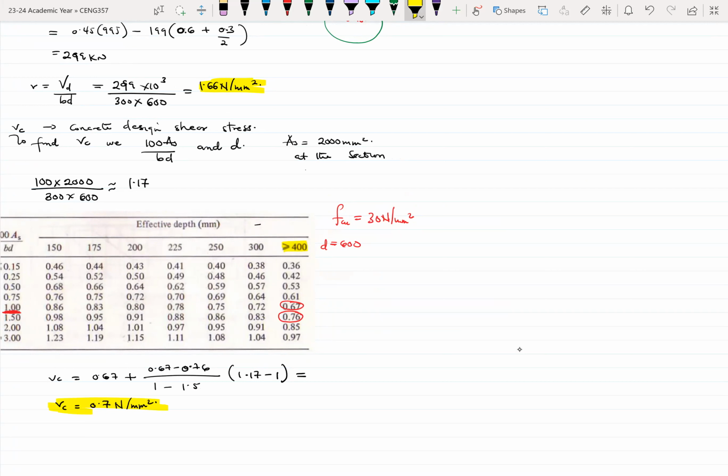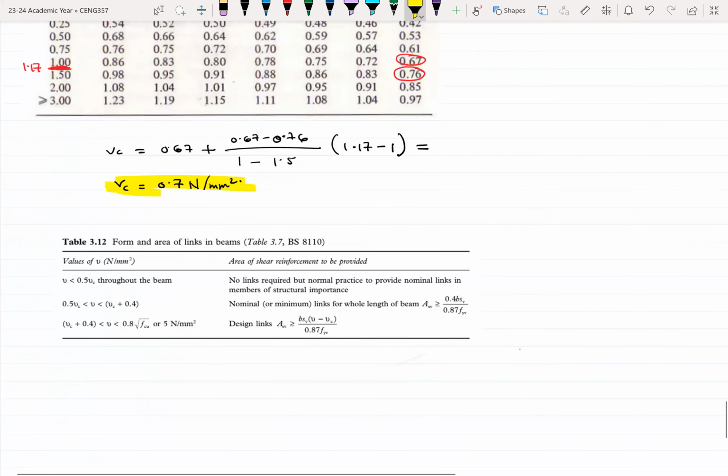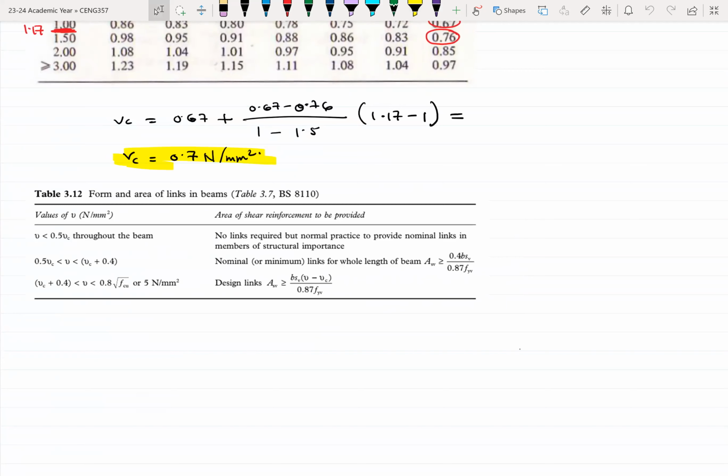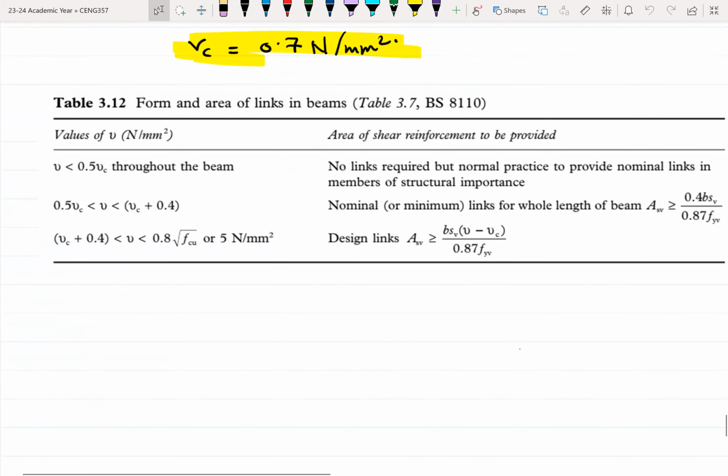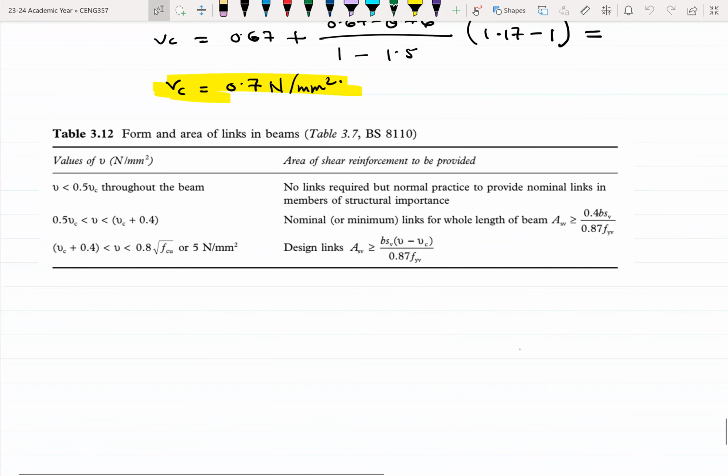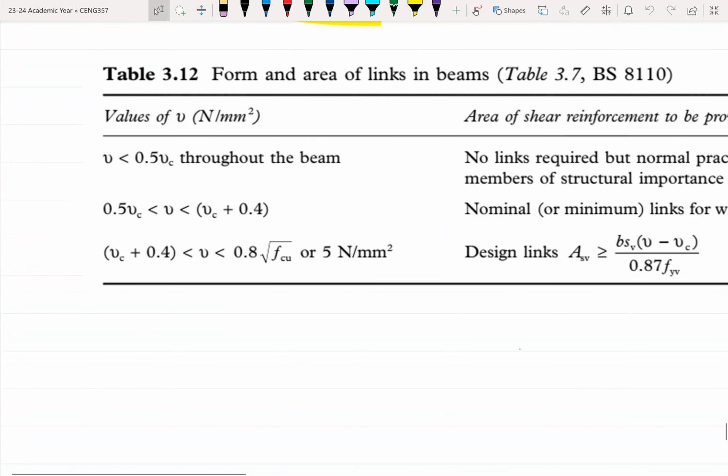All right. So again, there's this table which has already been provided. So I'm bringing the table up again so that we see, because for some of us, this will be our first time seeing this table. This table is to help us to decide whether we need shear lengths or not. So if V is less than 0.5 VC, no shear lengths at all.